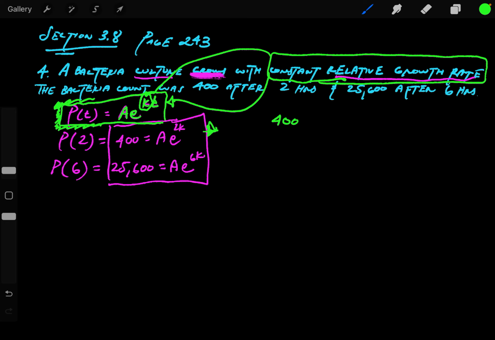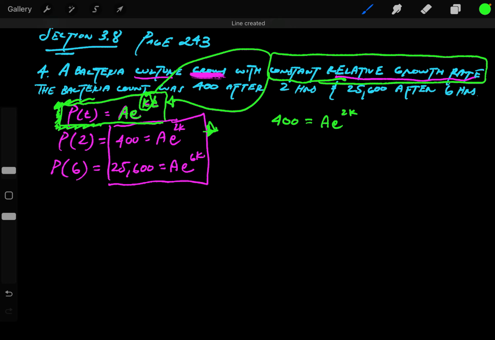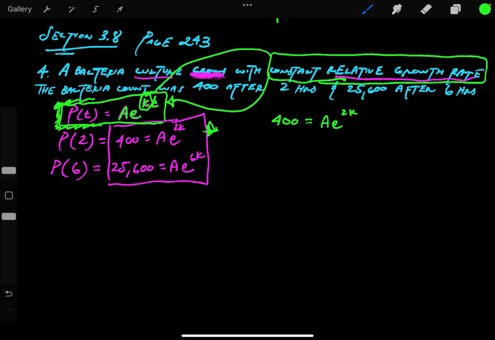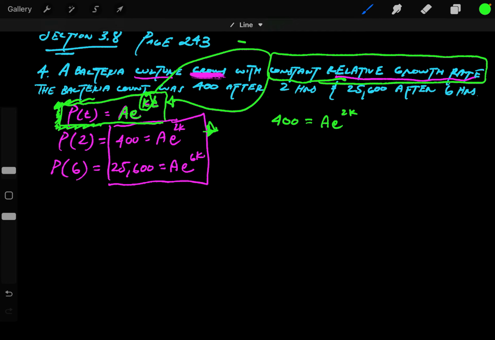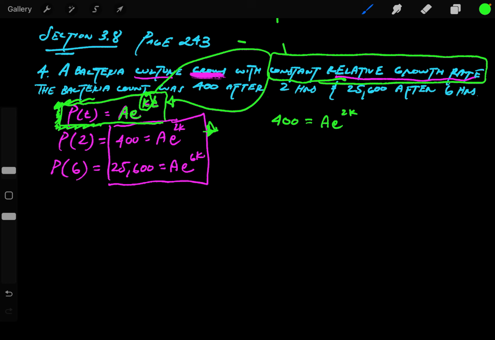400 is equal to a e to the 2k. What I'm going to do is divide by a on both sides.